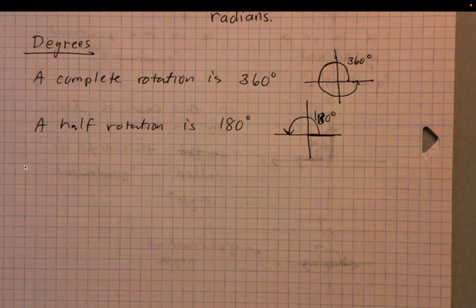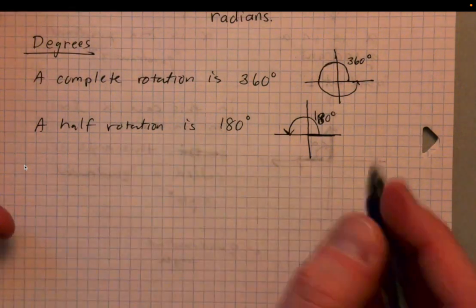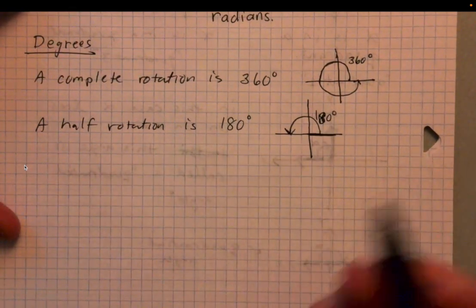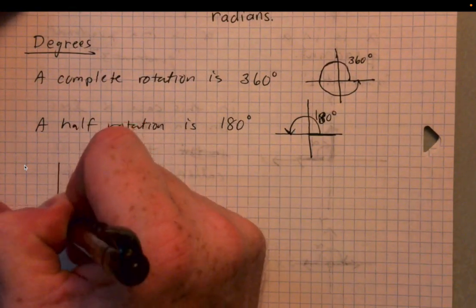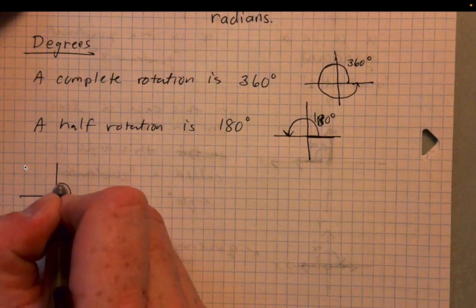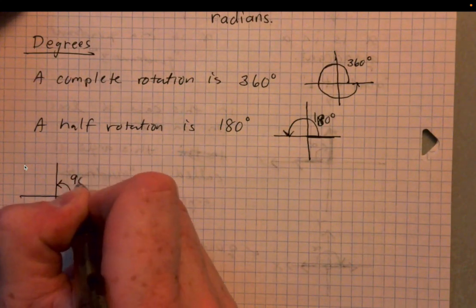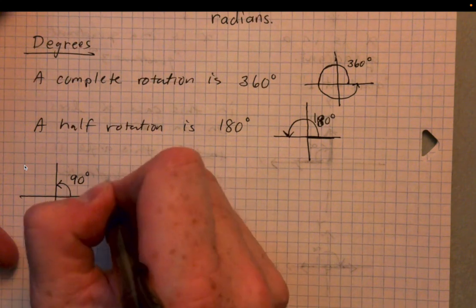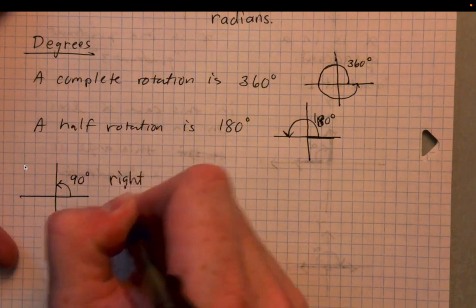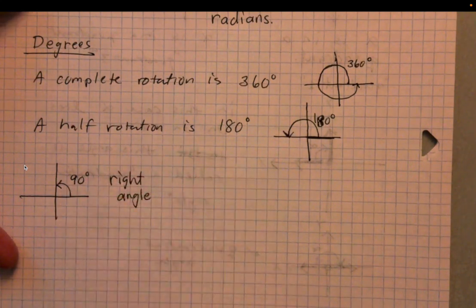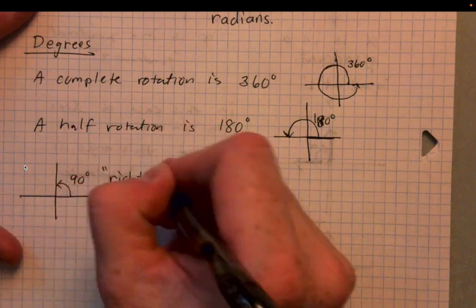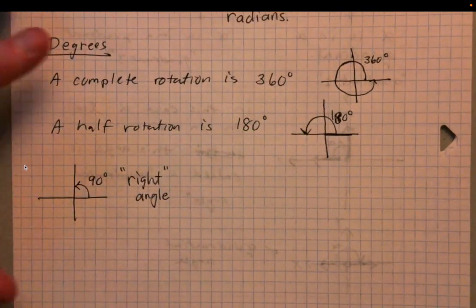Then the other angles in between would be 90 degrees and 270 degrees. Something like this, 90 degrees. This is also called a right angle.